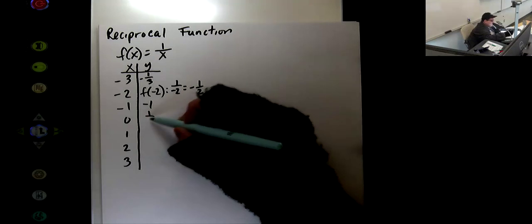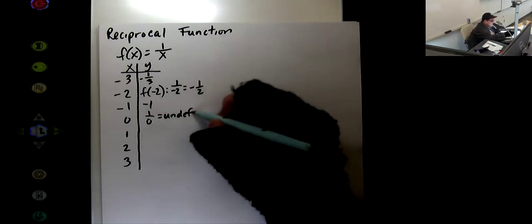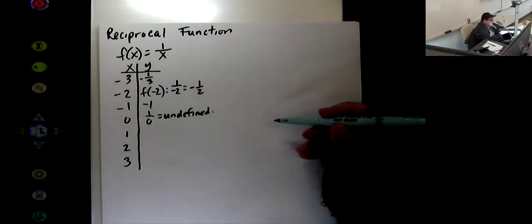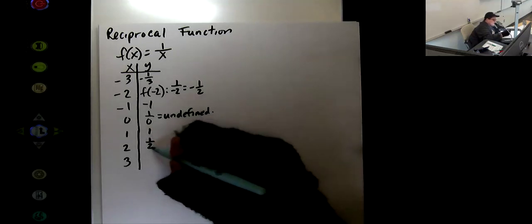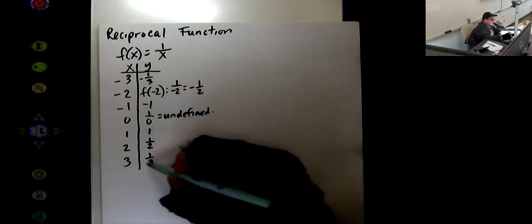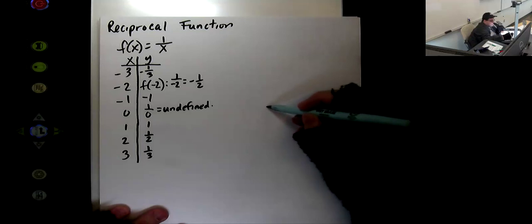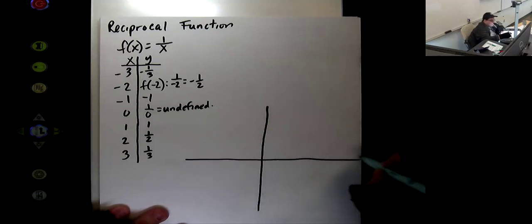Here I stick in 0, I get 1 over 0, which is undefined. If I stick in 1, I get +1. This kind of does the same thing as the negatives going the other direction. They match. So let's draw a graph here.